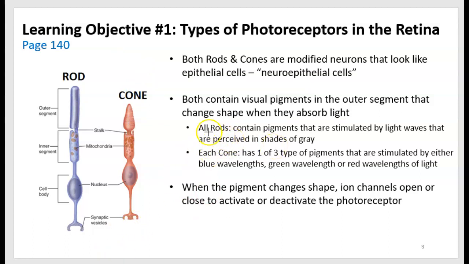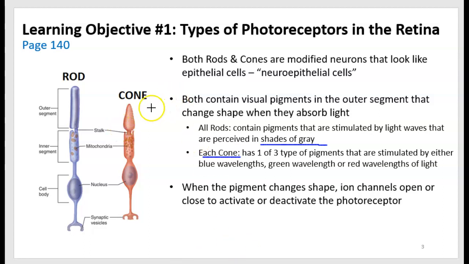Now, all of the rods that we possess in our eyes contain pigments that are stimulated by light waves that we think of as white light, but we see them in shades of gray. Okay, so dark versus light. That's what rods respond to. Cones, on the other hand, you've heard associated with color. There's actually 3 different types of cones, depending on what pigment they have.